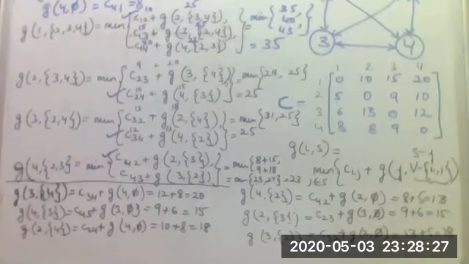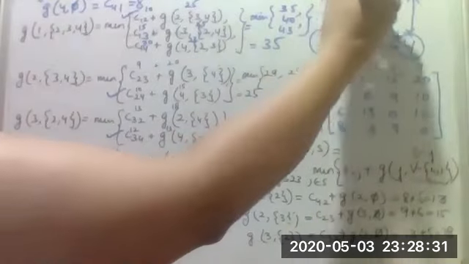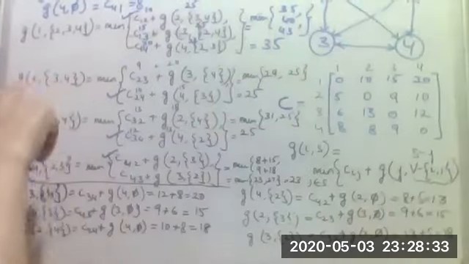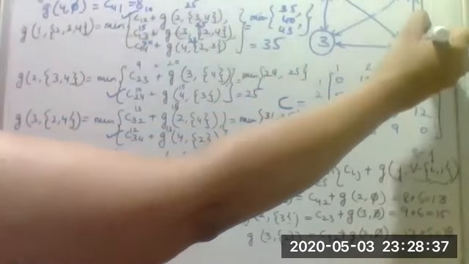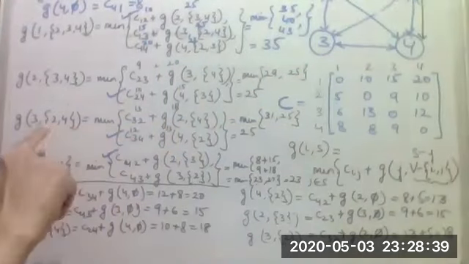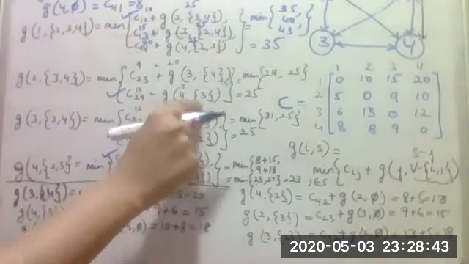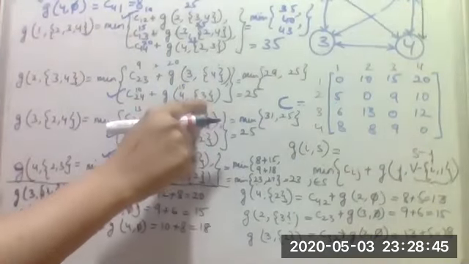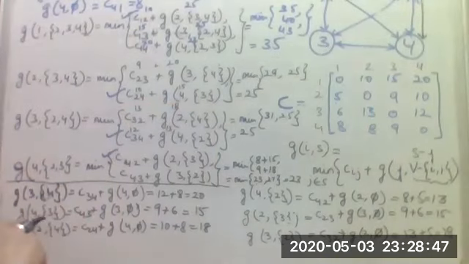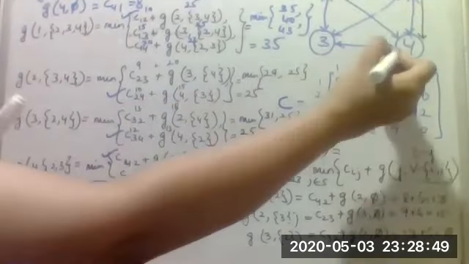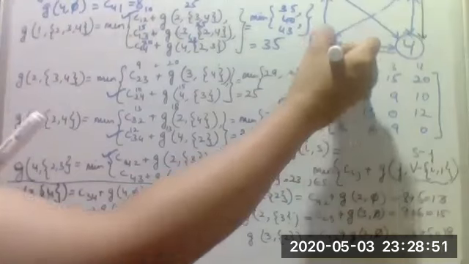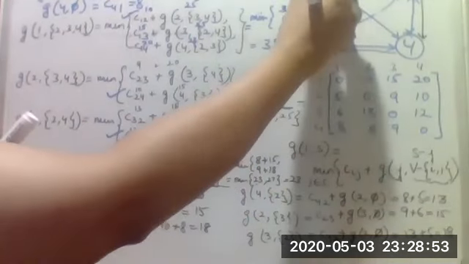So the tour that is taken is from 1 to 2 and from 2 to 4, and then from there, when we have taken C24, G43. So from here we have taken this one, 4 to 3, and back to here.